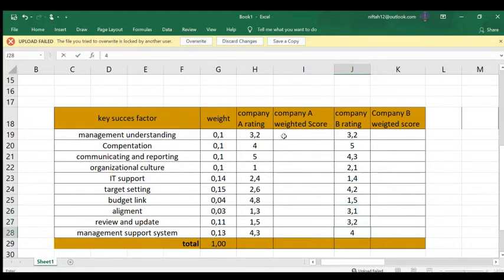After that, multiply the weight and company rating to get the weighted score. Multiply the weight and company rating, like this.